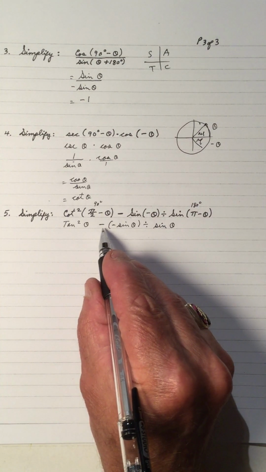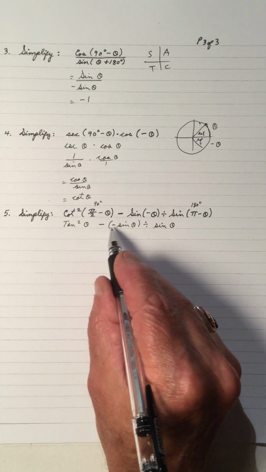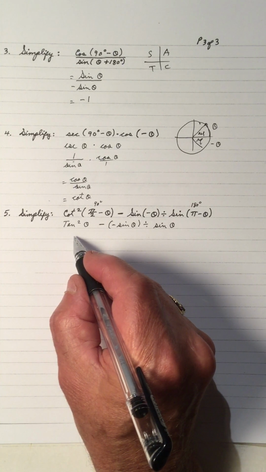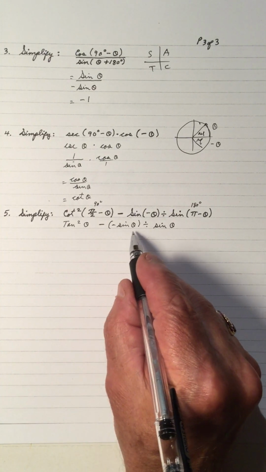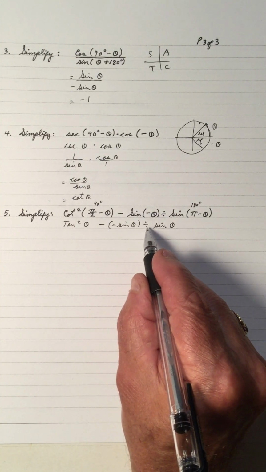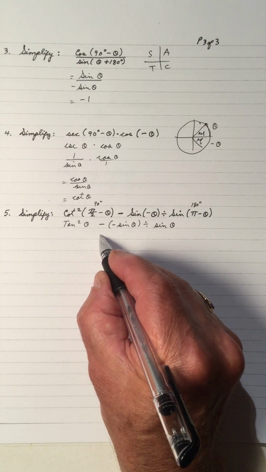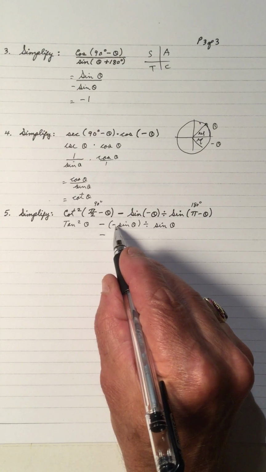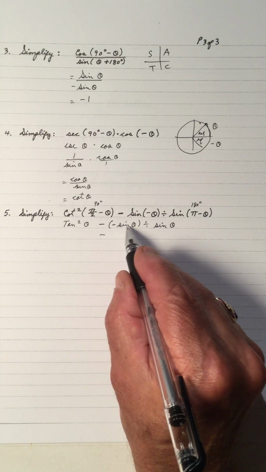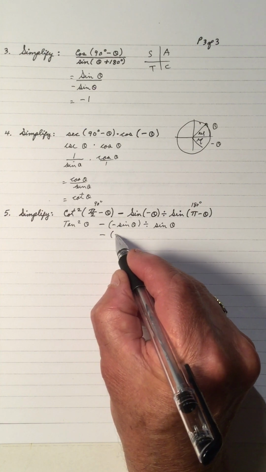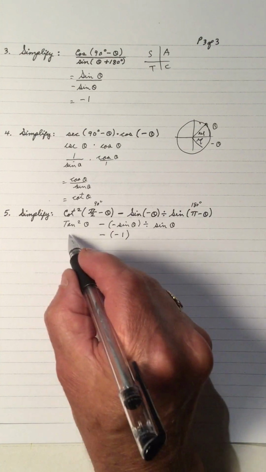So let's simplify. We have to do the division first. So that's a negative sine theta divided by sine theta, which is negative 1.